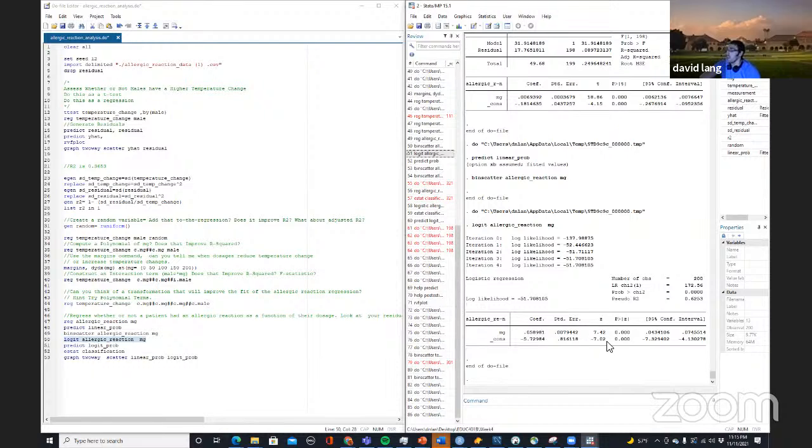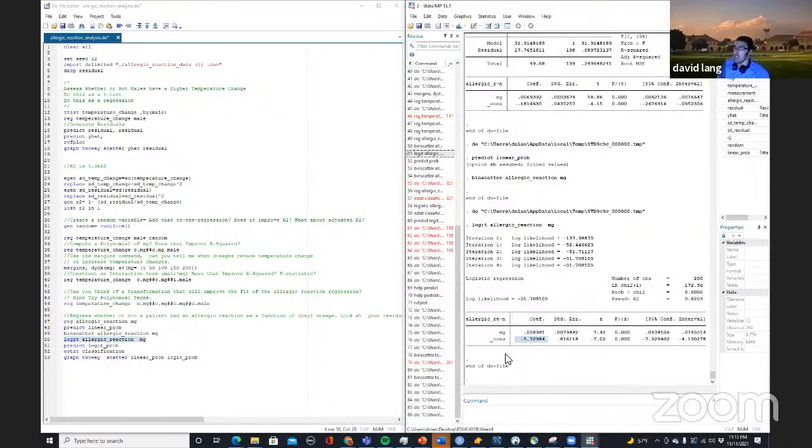The constant is less interpretable here, and we'll go more in depth in terms of what it means. This does not correspond to a negative 0.7% probability of negative 0.57, but instead something called a log odd of an event. And we'll talk more about the math and how to interpret that.